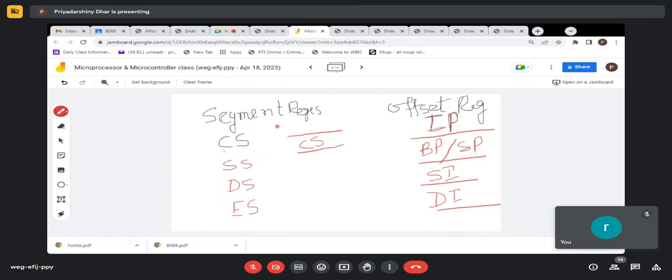Segment register holds the segment address. The code segment register holds the code segment address, not the physical address. Segment address is the starting address of the segment, and this is indicated by IP, and IP holds 0000 to FFFF, 4 hex digits, and the segment is also 4 hex digits. Now we shift this 4 bits to the left and then add, and we will get the physical address.